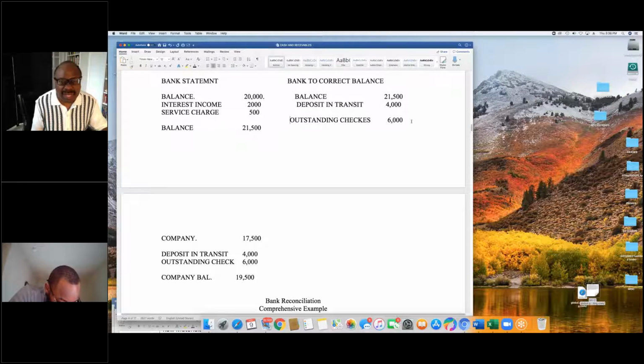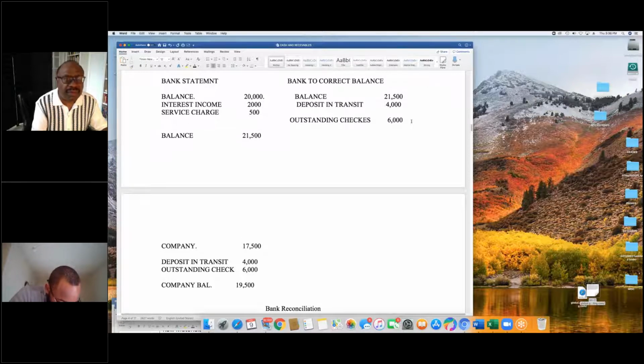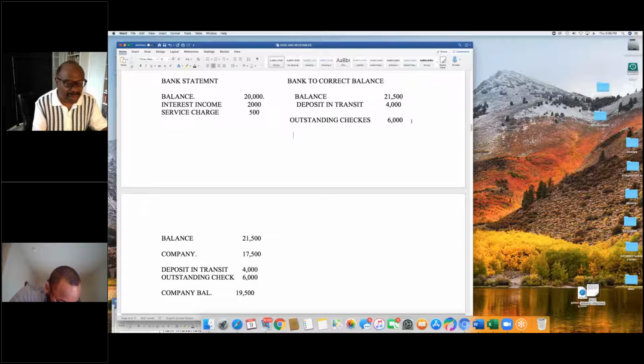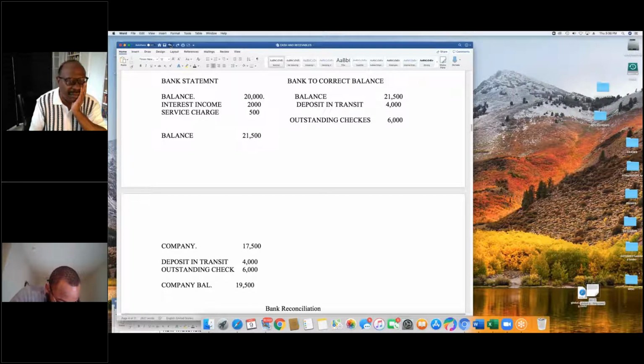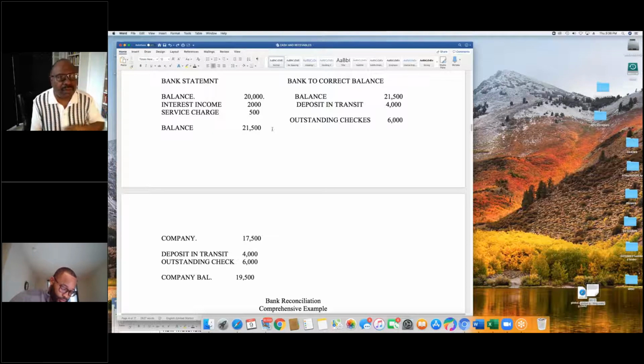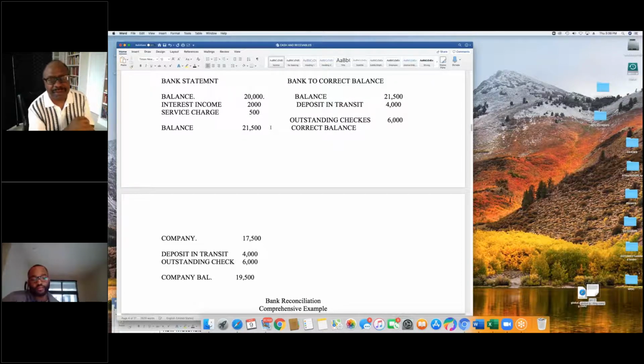So based on this, go back. The correct balance will be what? What's the correct balance going to be? $19,500.